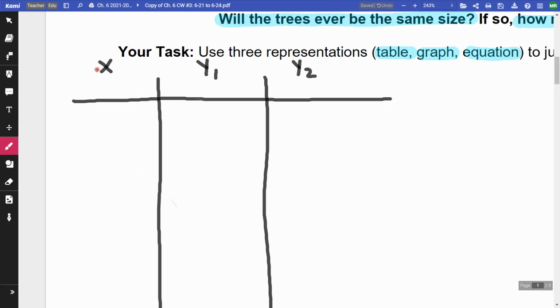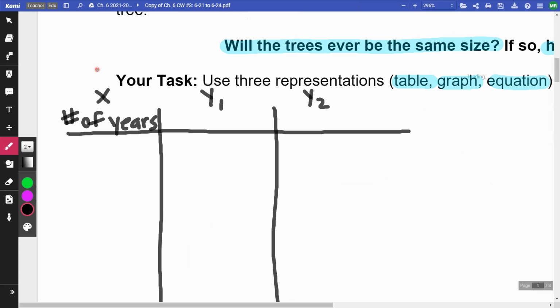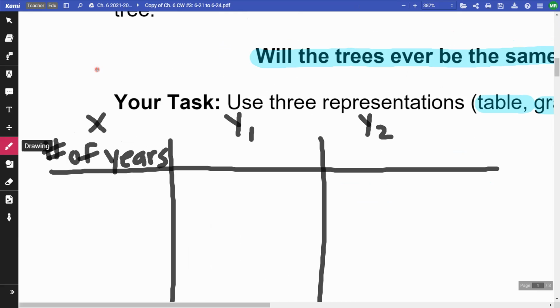Now, what does that X represent? Number of years. Y1, I'm going to have it be Charles. I'm going to do him in orange since I had it highlighted in orange up there. So this is going to be the tree height for Charles, and this is in feet.